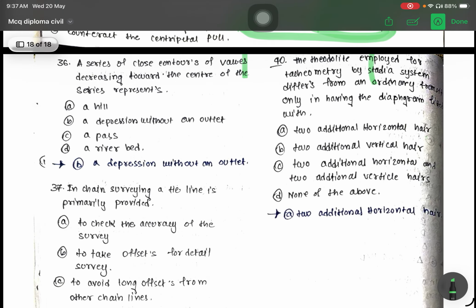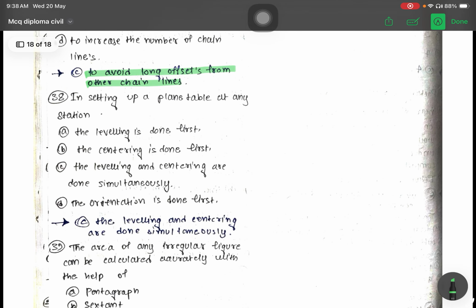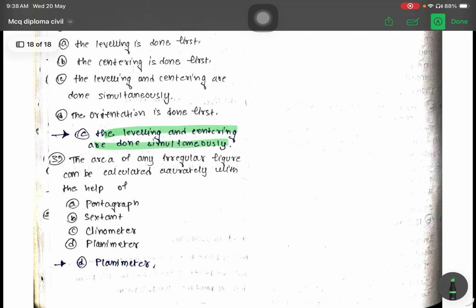A series of closed contours with values decreasing toward the center represents a depression without an outlet. A tie line in chain survey is primarily provided to avoid long offsets from other chain lines. In setting up a plane table at any station, the leveling and centering are done simultaneously.